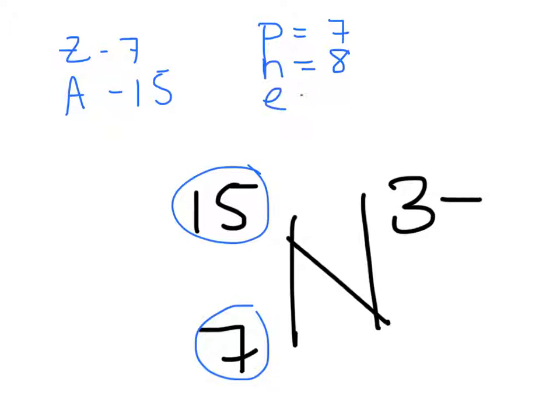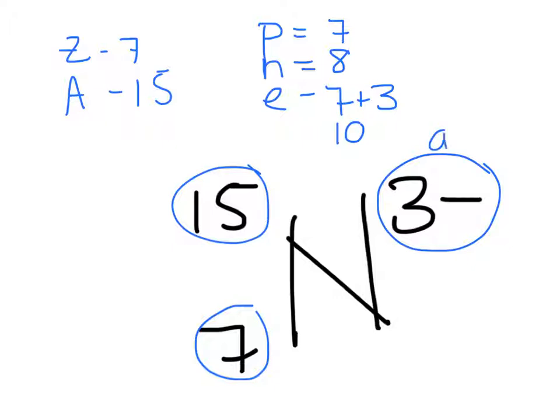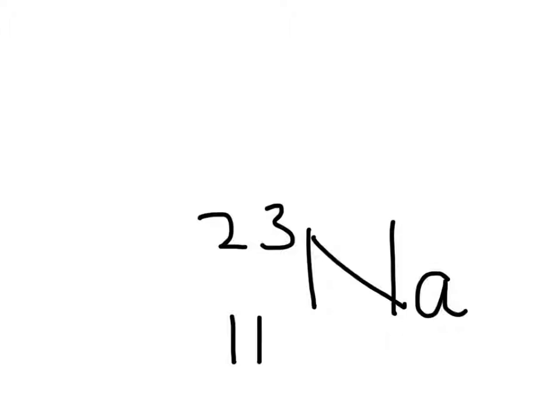The number of electrons is going to be equal to, here's a big problem, 7, and there are 3 extra electrons. Even though that's a minus sign, add 3 and get to 10. And then you are going to find that this is a negatively charged particle, so it is called an anion. It has a -3 charge. By the way, that would have been called nitride.